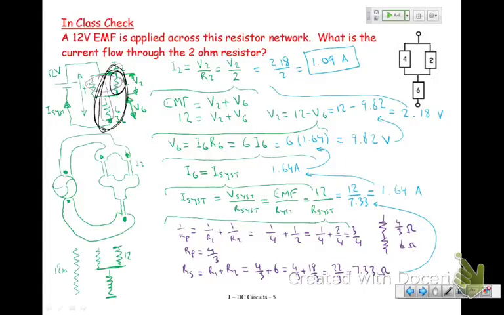And then I try and use V equals IR to get my voltage.